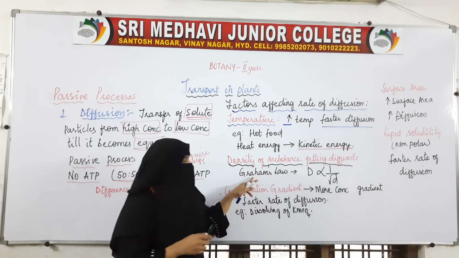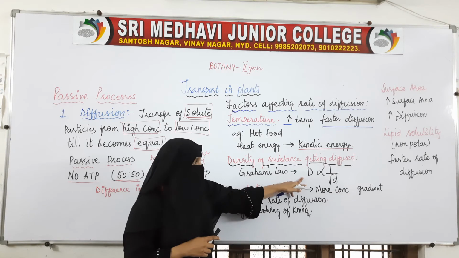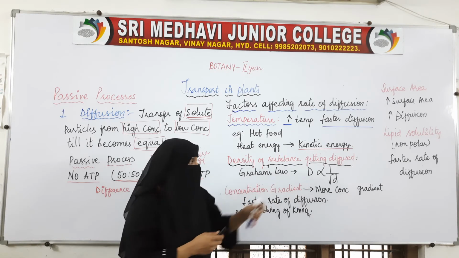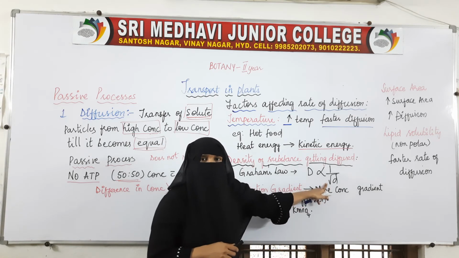So according to Graham's law, the rate of diffusion is inversely proportional to the square root of the density of the substance getting diffused.